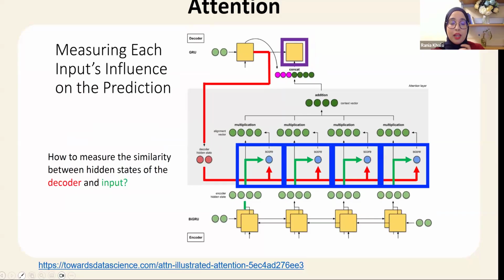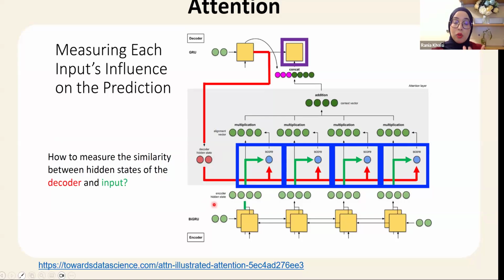Now we obtain 4 scores over here, 1 score for each time step. So there is a corresponding similarity score for each of these time steps. And now the question is, how do we measure this similarity in order to obtain this value, between the decoder hidden state and the encoder hidden state?